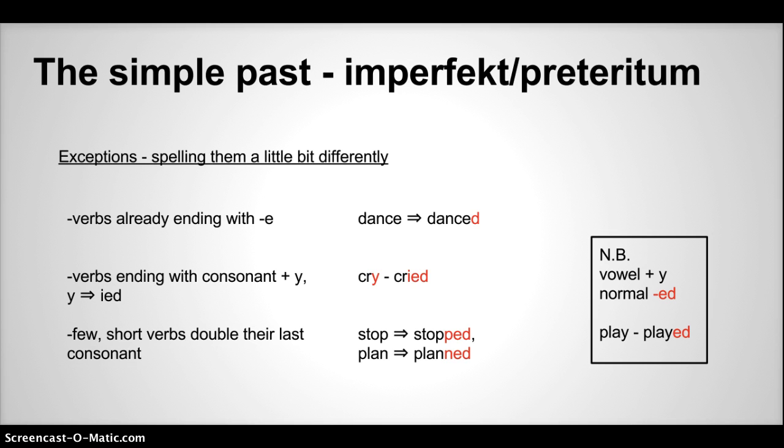Just know that sometimes it's all right to keep the Y. And then we have a few short ones that double the consonant. Stop turns into stopped with two P's. Plan turns into planned with two N's, and so on. There are a few, and you will just learn them. You will notice them when you read, and you will just learn to write them as well. No problem with that one. Are you on track? Good.